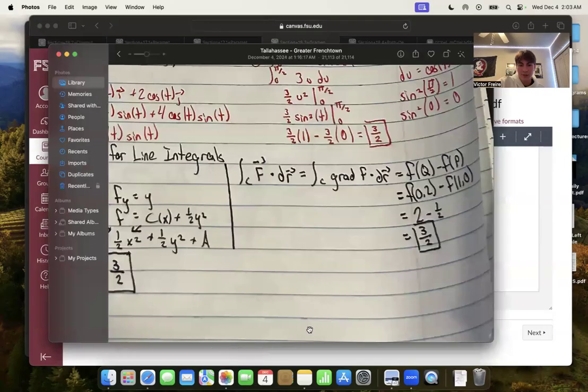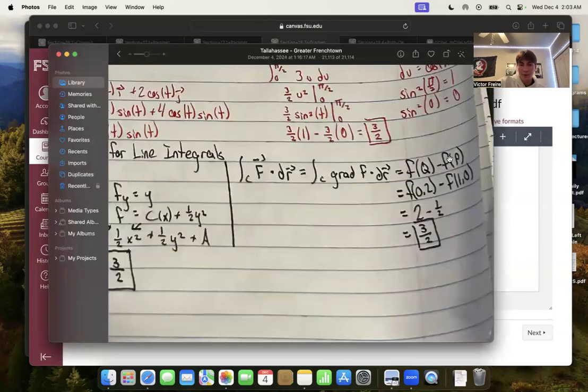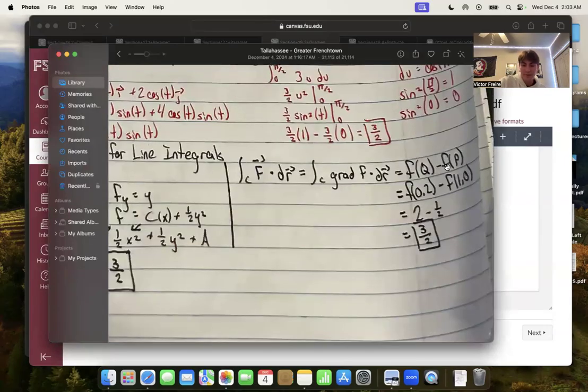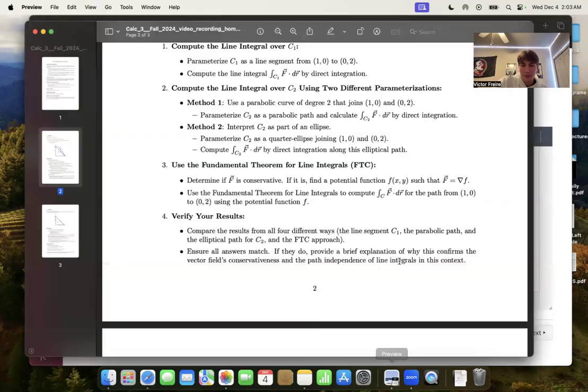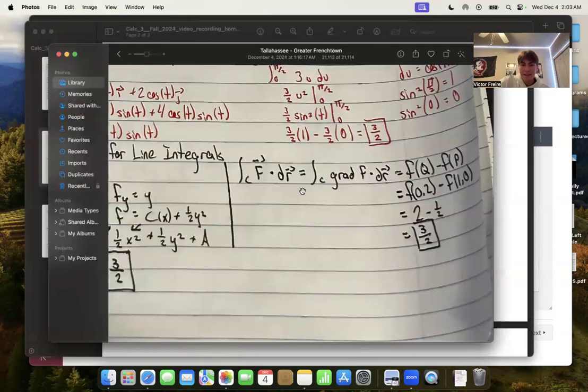I just copy pasted that right here. So that's what we're looking for: the integral of F dot dr along the curve C, and this equals f(Q) minus f(P) according to the fundamental theorem for line integrals.